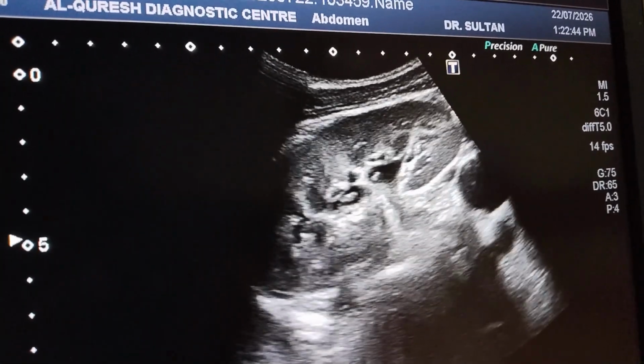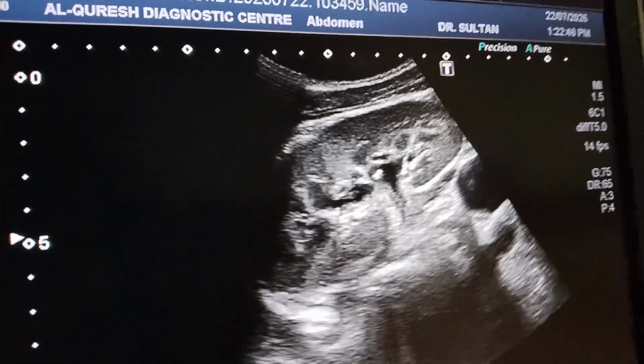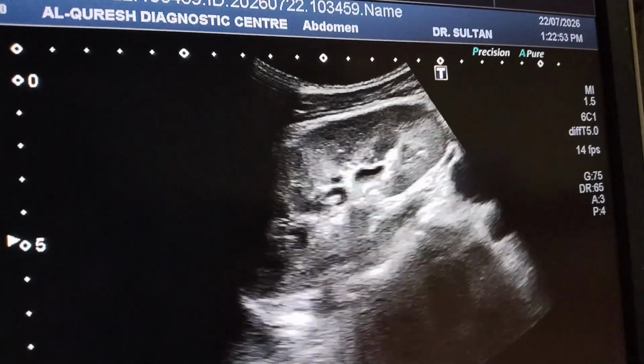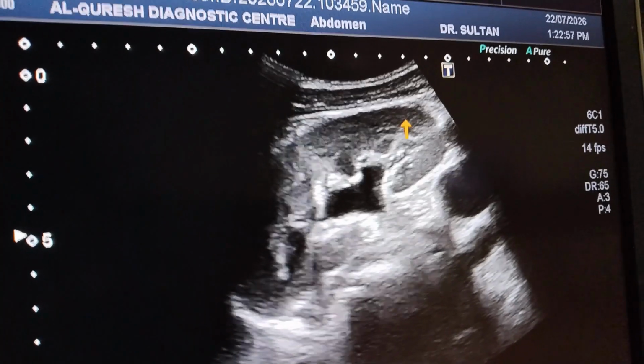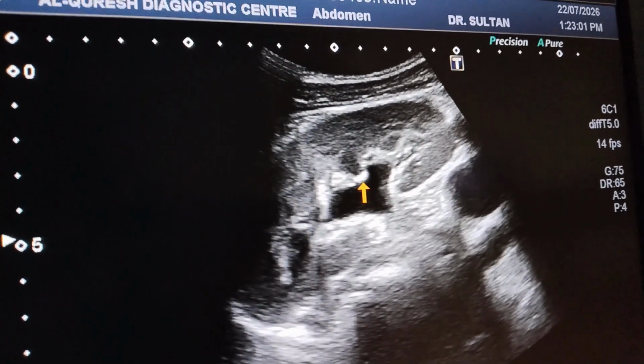In my opinion, this is a non-specific term because concretion may mean a tiny calculus, it may be calcification, it may be an echogenic renal sinus fat droplet.